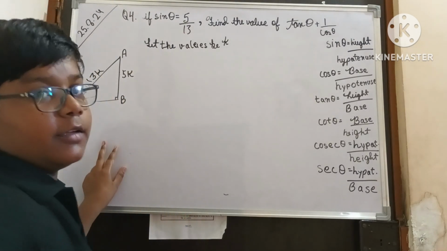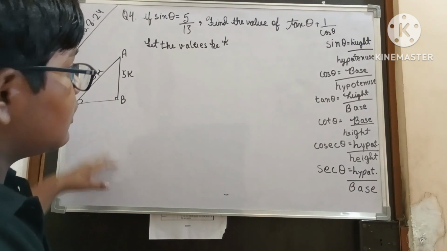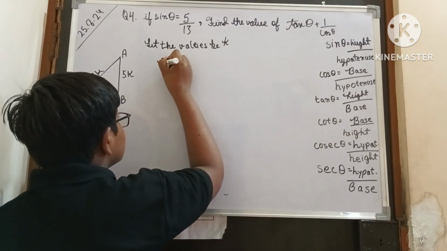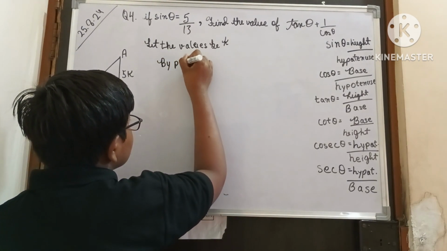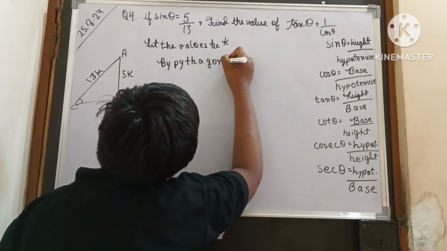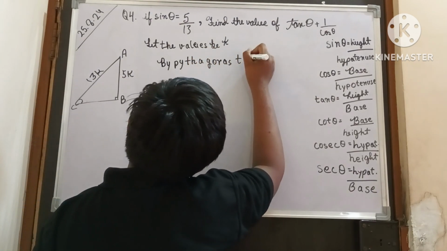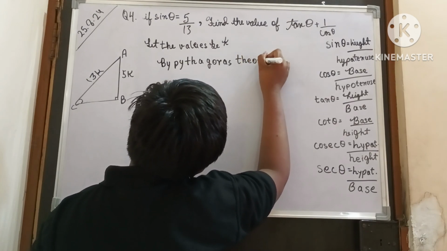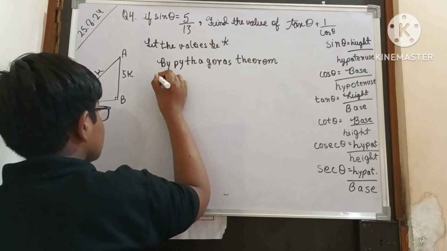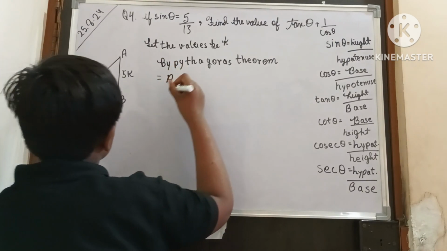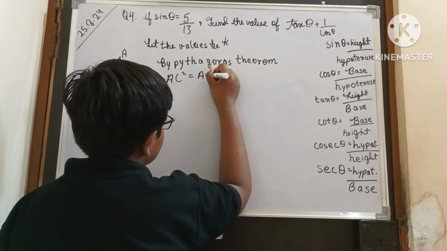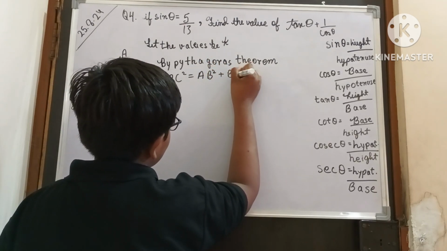And now we have to find the base with the Pythagoras theorem according to these values. Its formula in this triangle will become AC square is equal to AB square plus BC square.